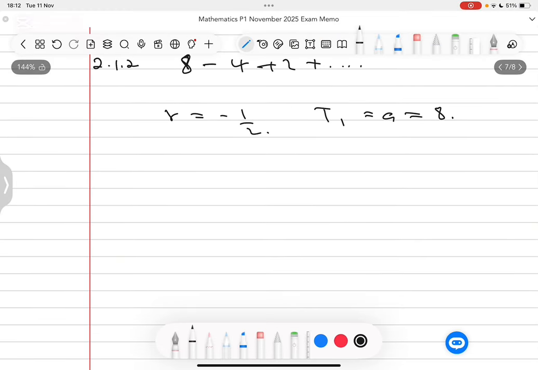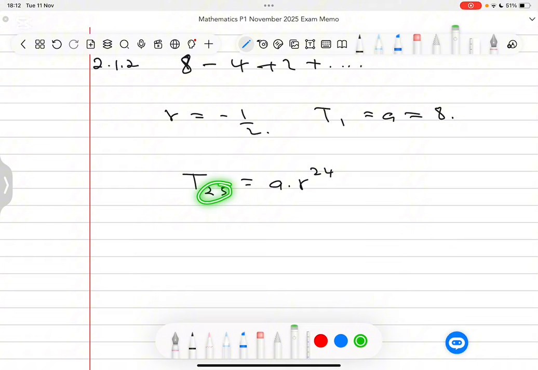Now from here, we can go to the equation for any term in the sequence. Let's say we're looking for the 25th term, which is given by a r to the power 24. This equation says we have term number 25, and the power of r should be 1 less.